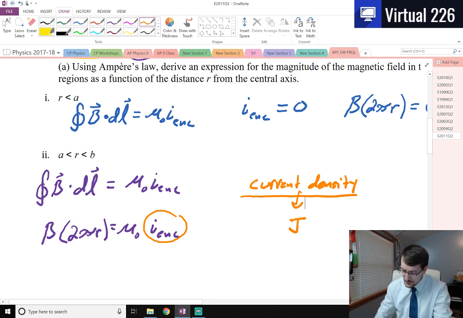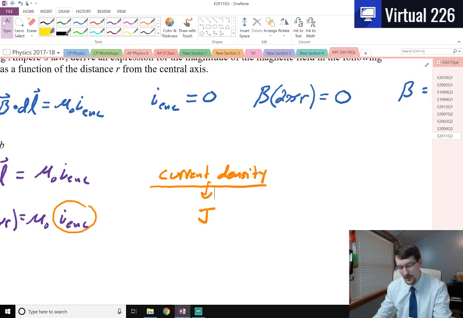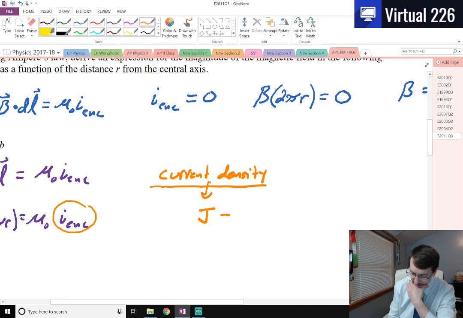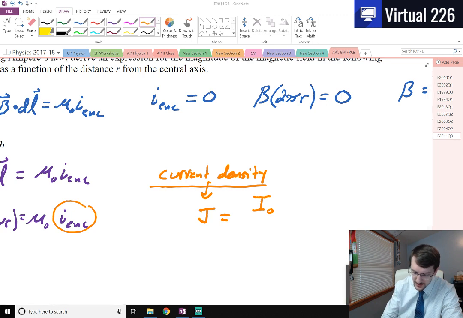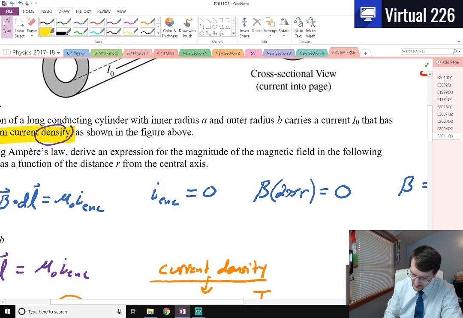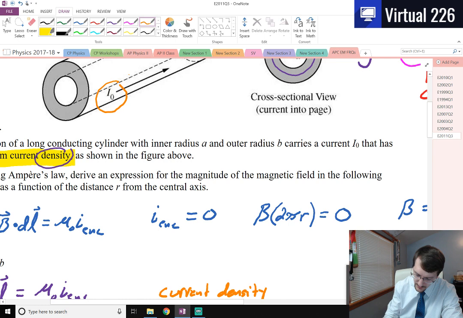So let's figure out how much current exists as we move throughout this wire. That current density can be thought of as the entire current that we have, I naught, because I'm using a capital just because I believe they use a capital in this problem.